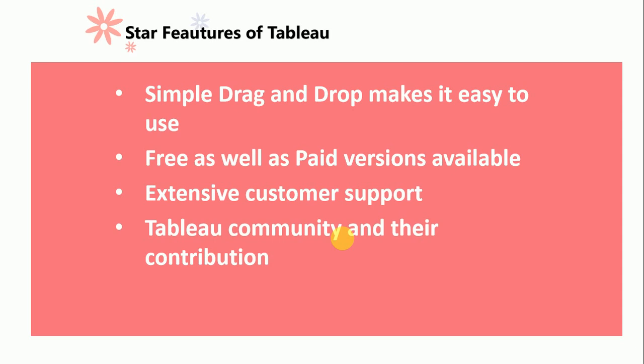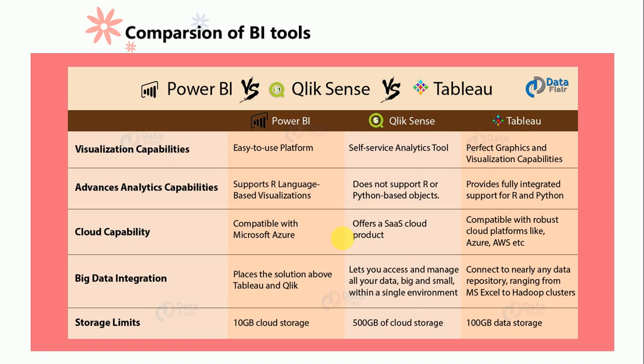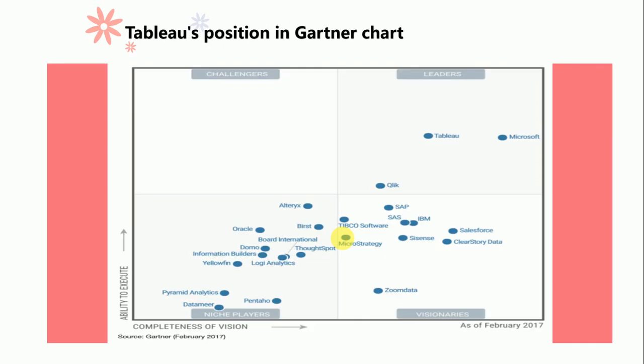Let's move on to the next slide. So comparison of BI tools. Let me go back to my previous slide. In this Gartner chart, you can see only 3 skills which are in the top, in the leaderboard. Those are QlikView, Tableau and Microsoft Power BI.